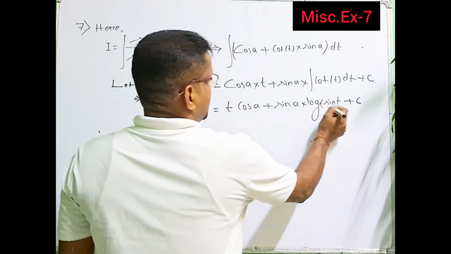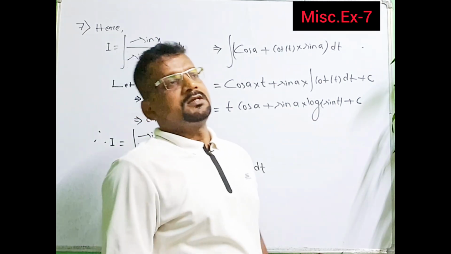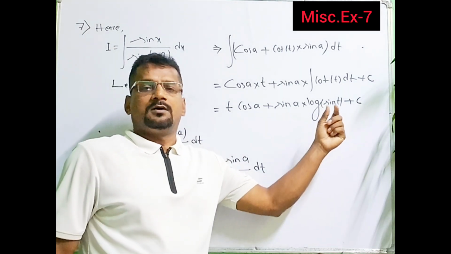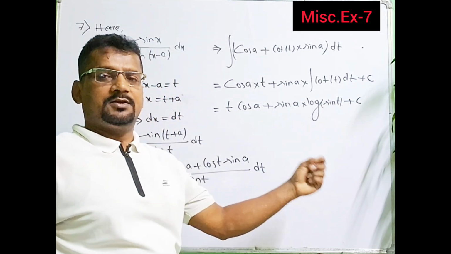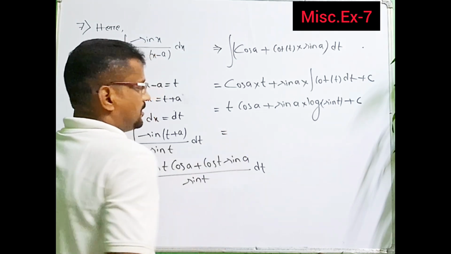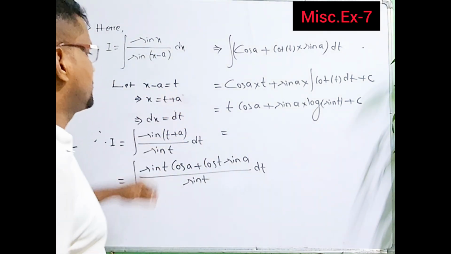You can give the modulus sign also, as log of a negative number is imaginary. That's why whenever you take log of some variable or some function, it should always be positive. Now give back the value of t. t is x minus a.